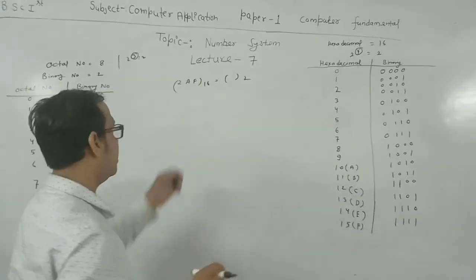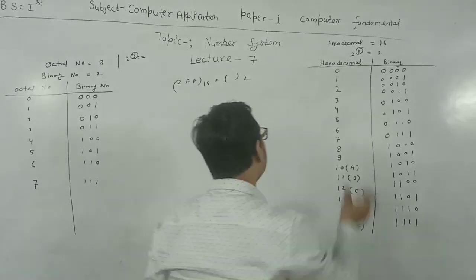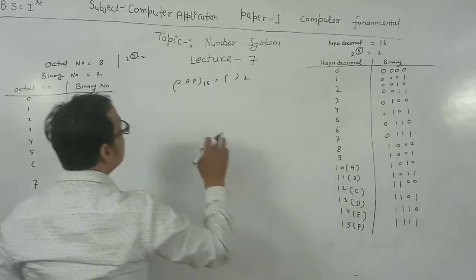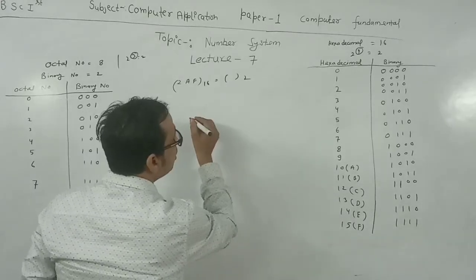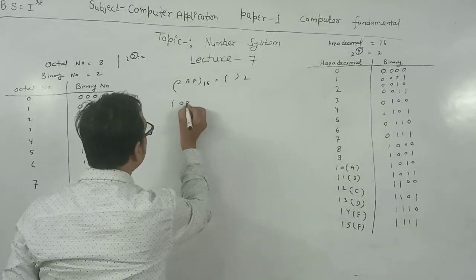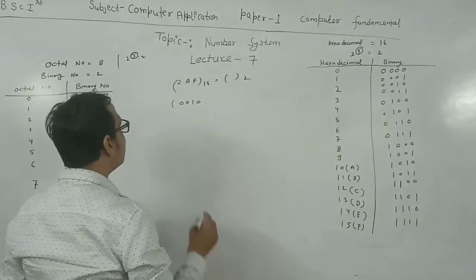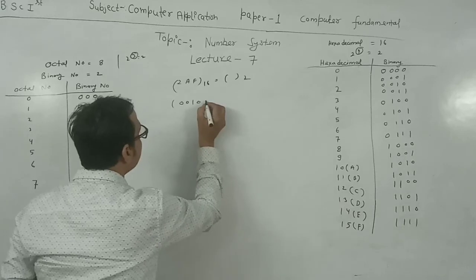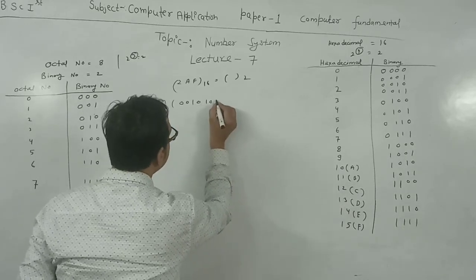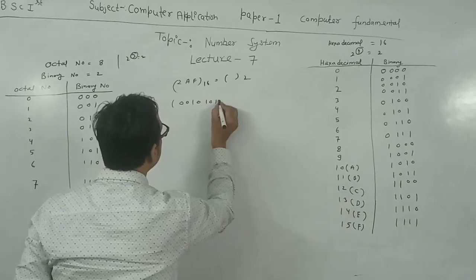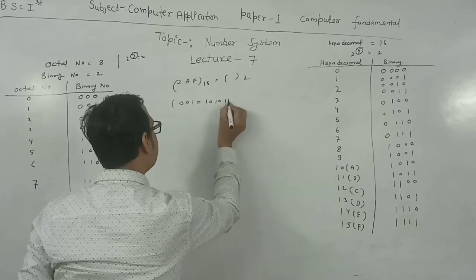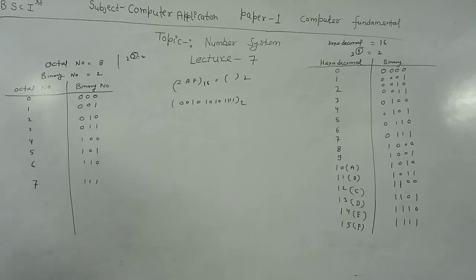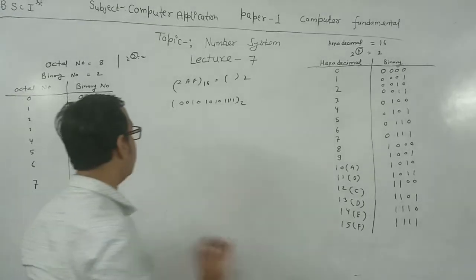The second way is to put in the hexadecimal values from this table. For 2, you write 0010. In place of A, you put 1010, and for F, 1111. Done. This is the direct conversion from hexadecimal to binary.